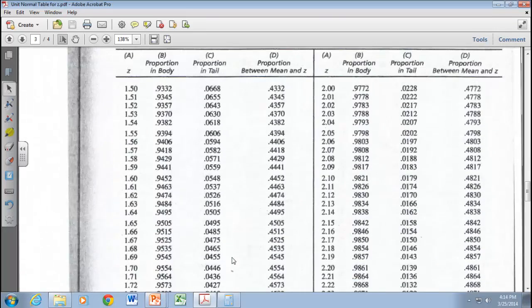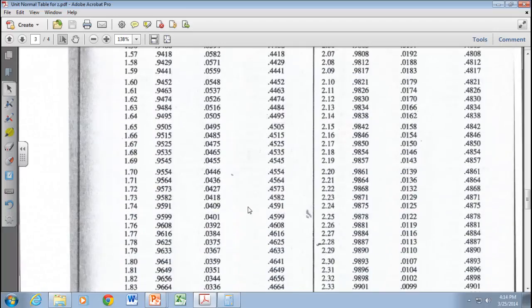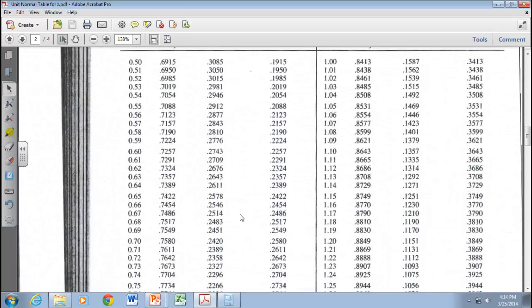So p equals 0.30 in the tail. Keep going. That's 0.03. We want 0.30. Okay, 0.30. Oh! Well, here we don't see an identical exact 0.30. We have two, one that's right above, one that's just below, and you have to do the math to figure out which one is closer.